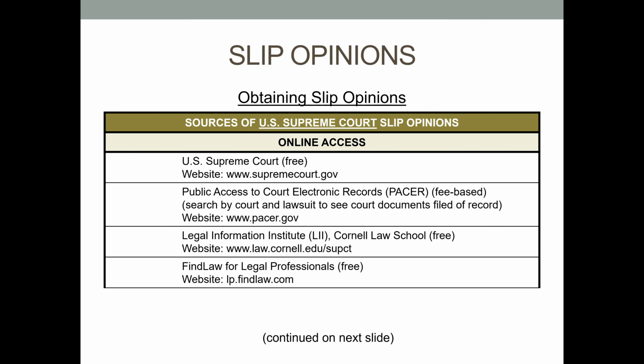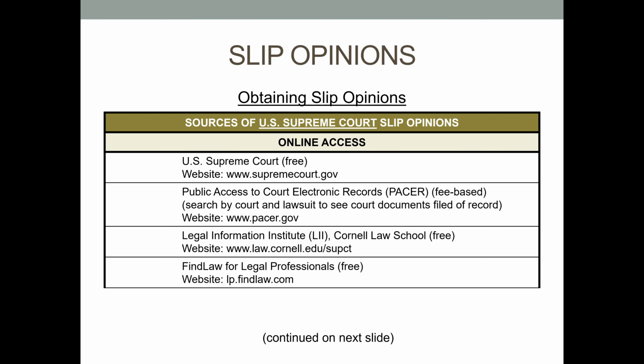Now, another source for the opinion is to go to the website for the federal court system generally, for all federal courts, that allows members of the public for a fee to search for lawsuits and see PDF documents of all of the documents filed by the parties in the case or the judge or the court. And that would include the opinions filed in those cases.